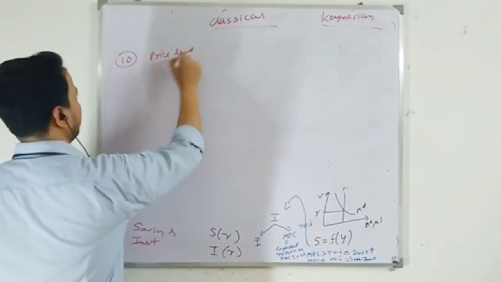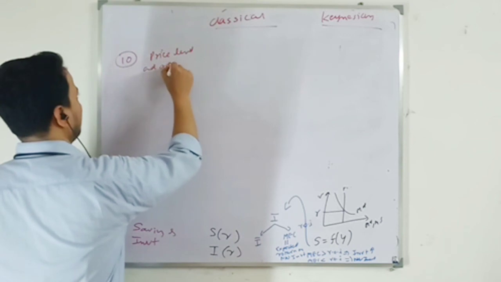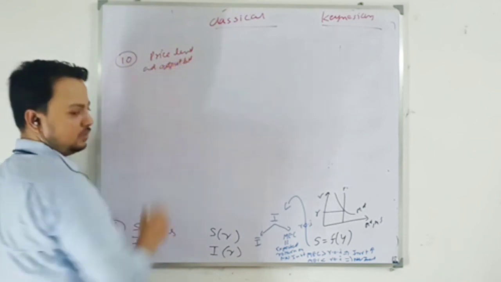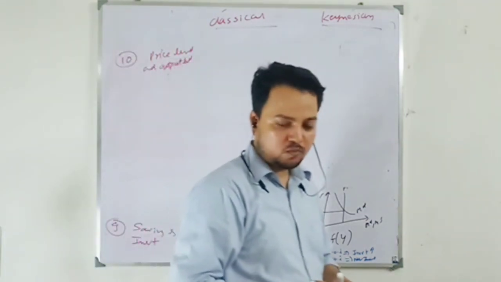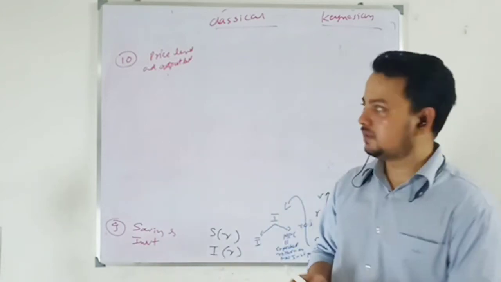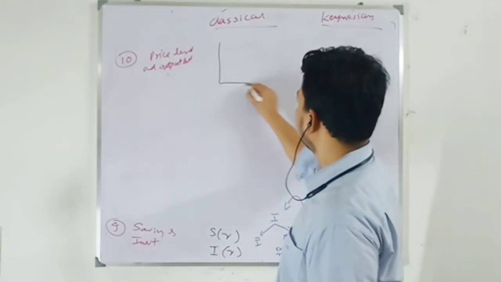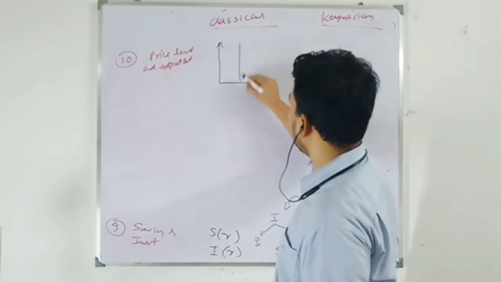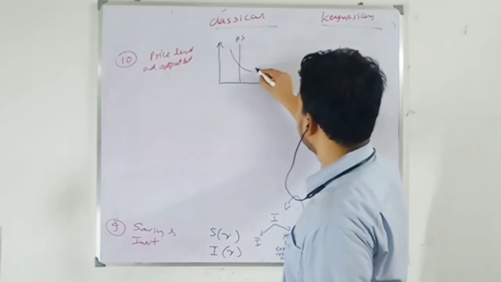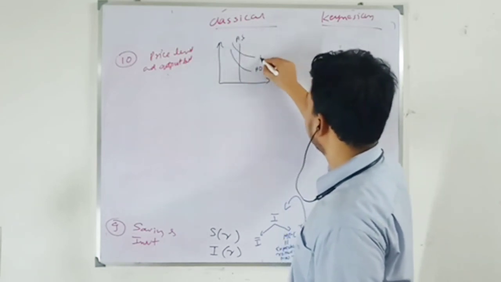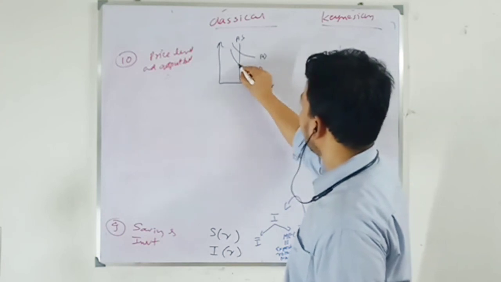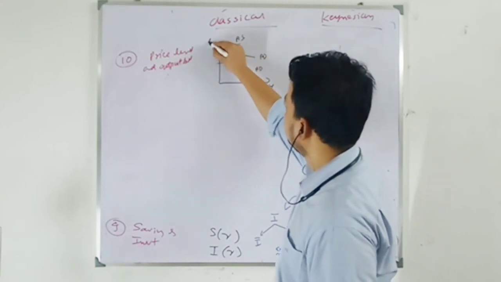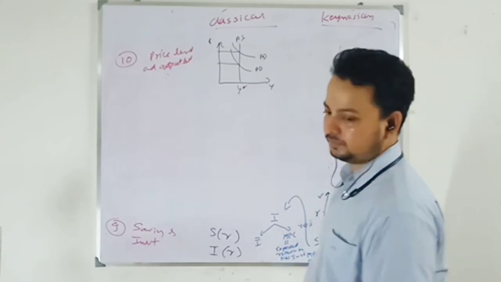Price level and output. In the classical model, output does not change, only the price level changes. In the classical model, the aggregate supply curve is this. So when aggregate demand increases, only the price level will change, output will not change.